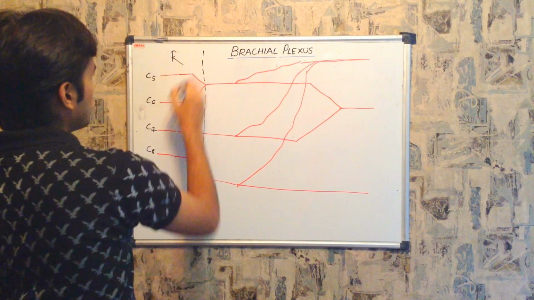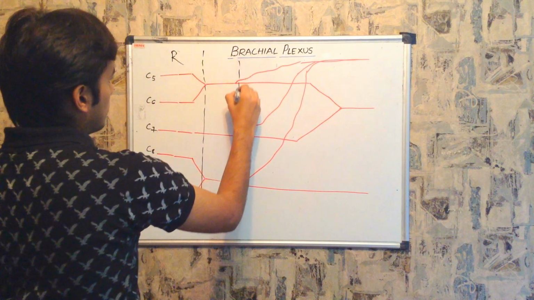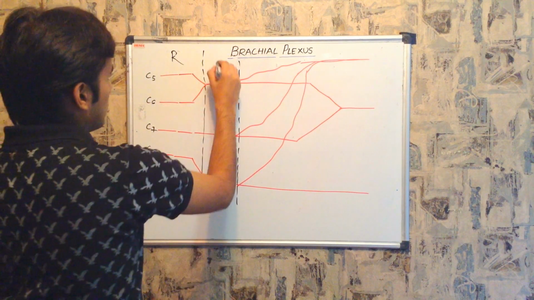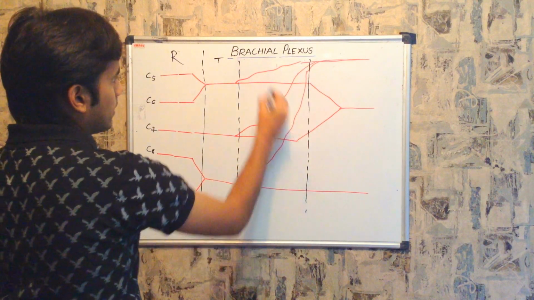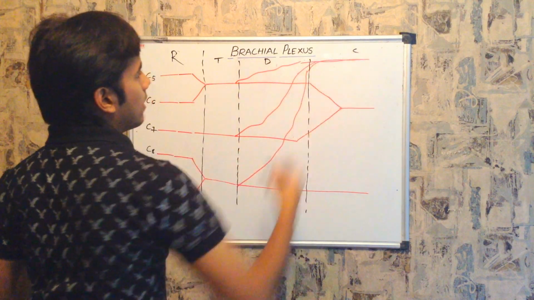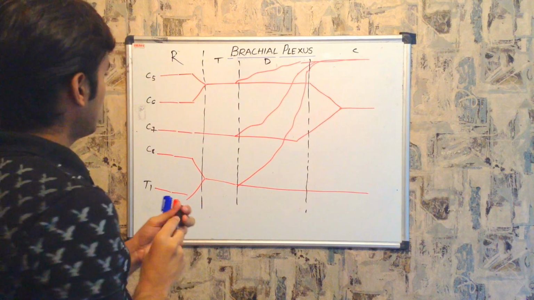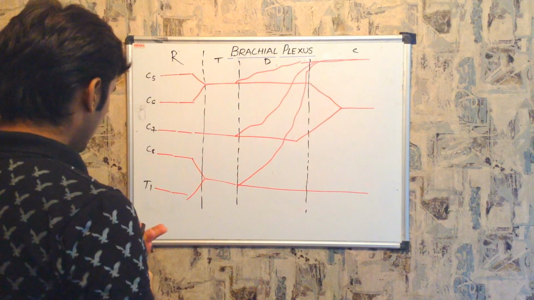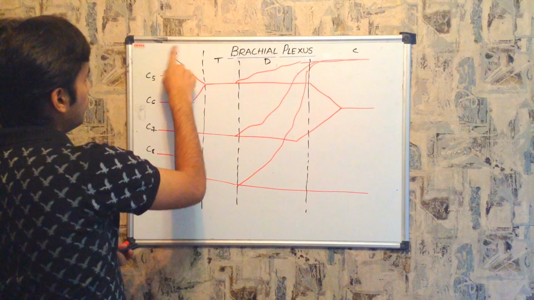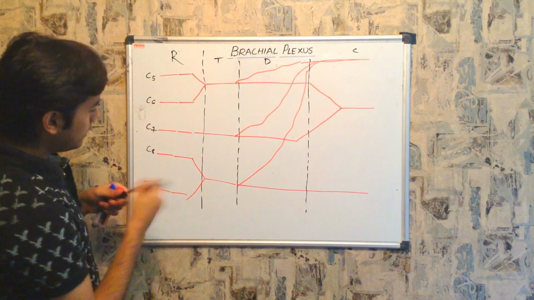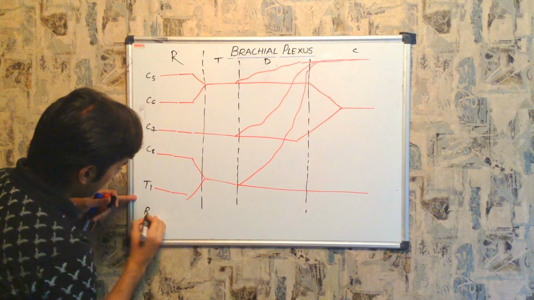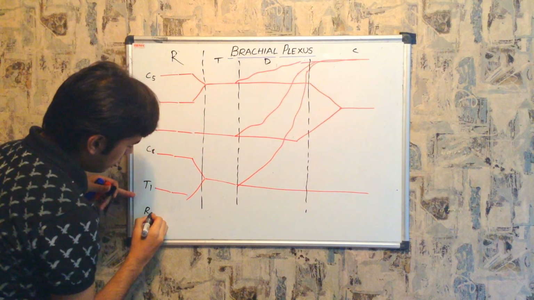these are called the roots of the brachial plexus, trunks, divisions, and next these are the cords of the brachial plexus. So two more branches which I need to remind you of: the roots of the brachial plexus give two more branches.